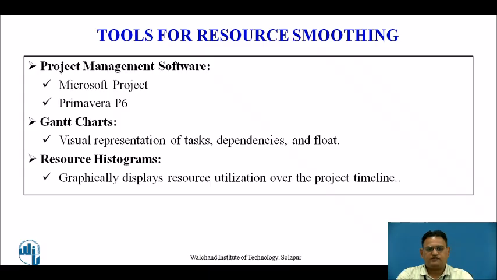The tools for resource smoothing. Here there are some of the tools which are being shown. The project management software like Microsoft Project and Primavera. The visual presentations, like you can say the graphical presentation, the Gantt chart, or you can say bar chart, are also helpful for identifying the task, interdependency and the float associated with that.